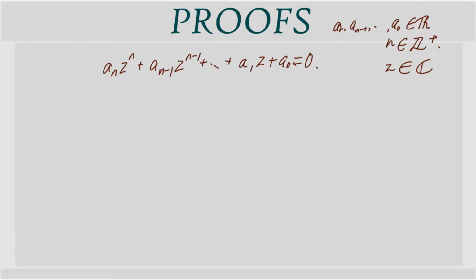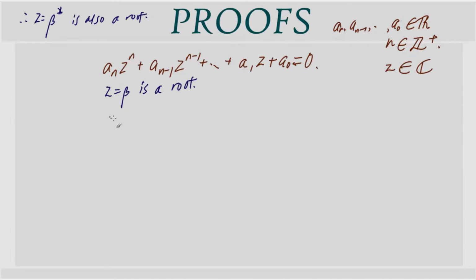Now, we need to prove that given a complex root, so let's say beta, for example. Let's say we're told that beta is a root. We need to conclude that z is equal to beta conjugate is also a root.